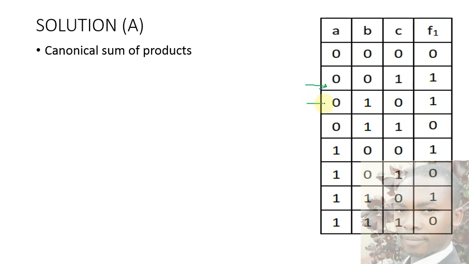Then we have another row here, which is 1, and we have another row here where this is 1, and then another row here where this is 1. If you're wondering how I'm getting them, I'm considering f is 1 where the product is 1.